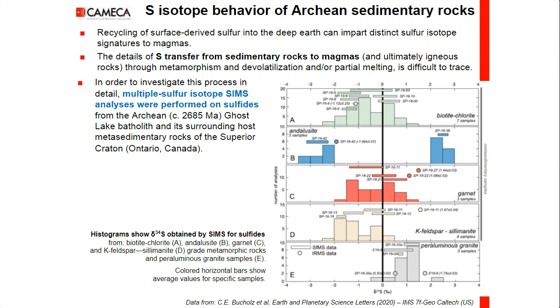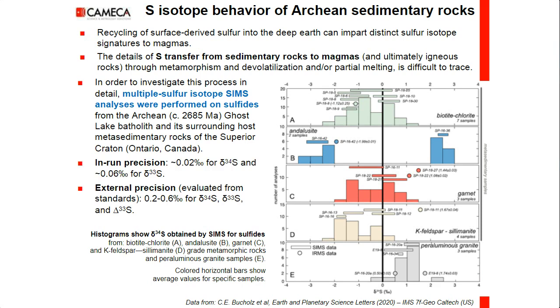The in-run precision was 0.02 per mil for delta 34 sulfur and 0.06 per mil for delta 33 sulfur. The external precision was between 0.2 and 0.6 per mil for both delta 34 sulfur, delta 33 sulfur, and big delta 33 sulfur.